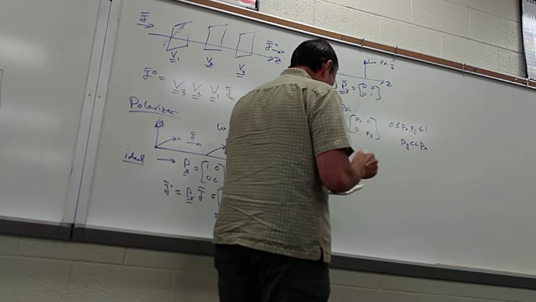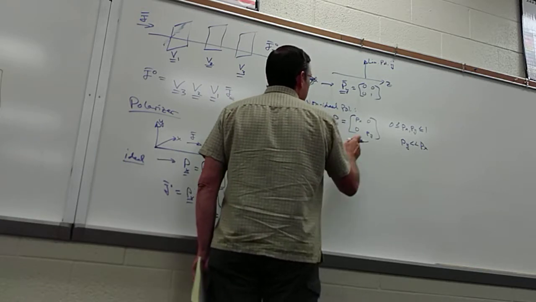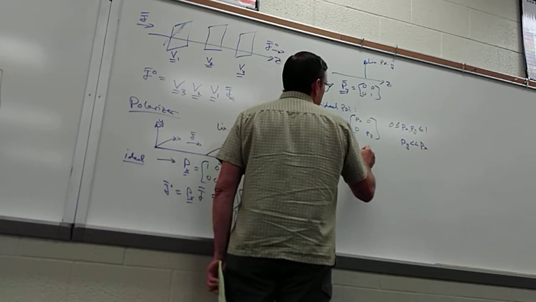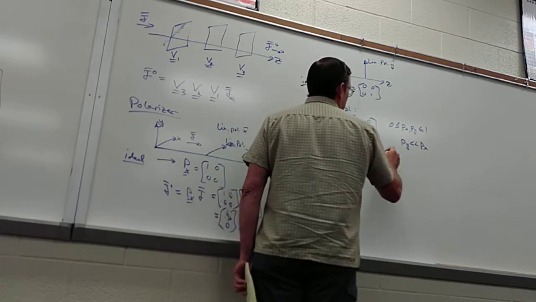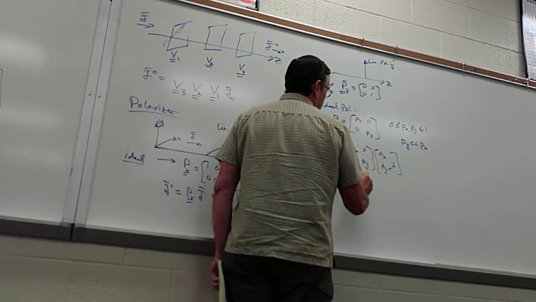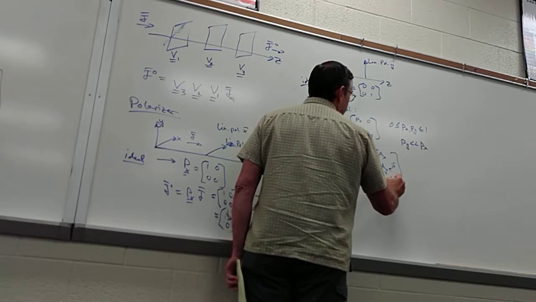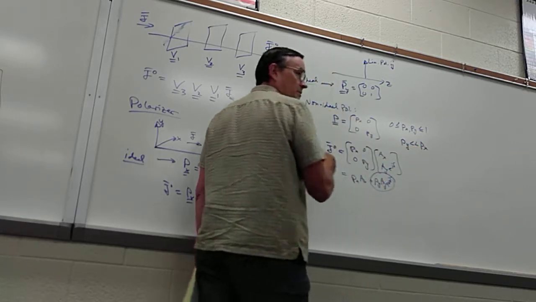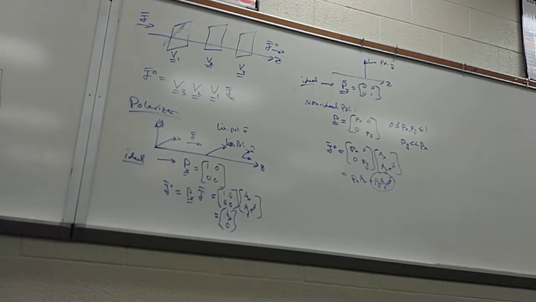Well, if we propagate light through this non-ideal polarizer, the output Jones vector will be [Px, 0; 0, Py] times [Ax, Ay e^(j delta)], and that's going to be Px Ax plus Py Ay e^(j delta). Because Py is much less than Px, this is going to be really small compared to that. So the y component that passes is really small compared to the x component.